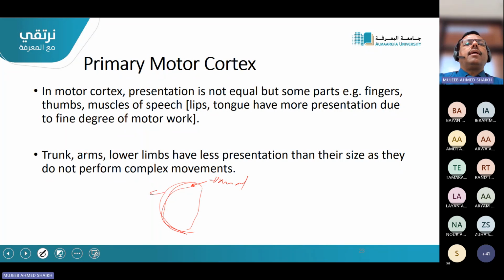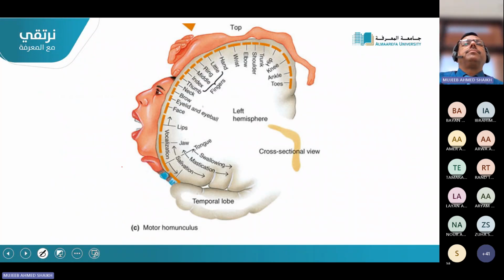Here it is controlling the trunk. Here the fibers are controlling the limbs, lower limb. Like that. But they are not equally represented. Meaning some part of the body will be given a larger area, some part of the body will be given a very small area. You will understand by seeing this picture.